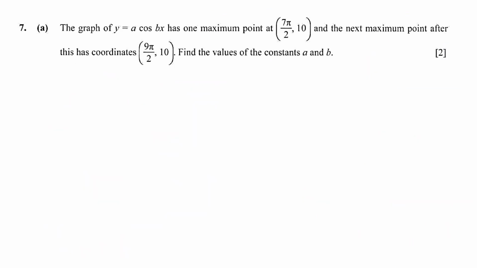Okay, if you look at question 7, this one is a bit tricky. You'll see that it's very different from the usual kind of trigo graph questions we've done, right?